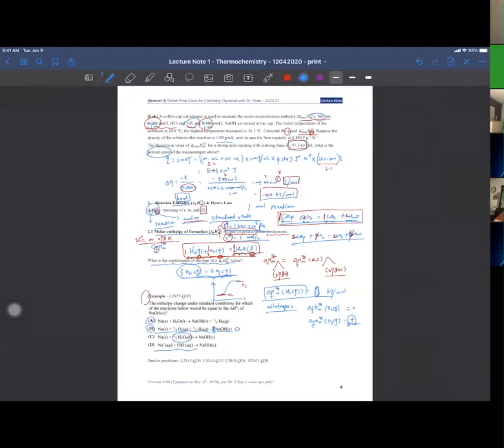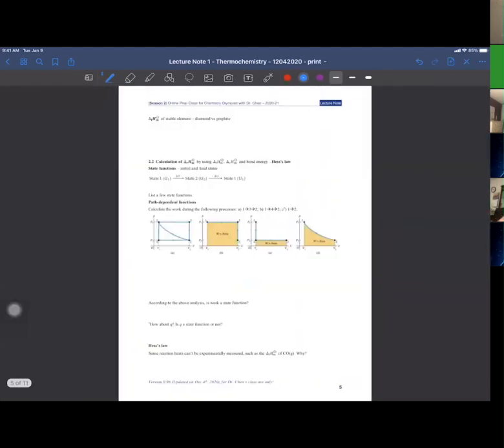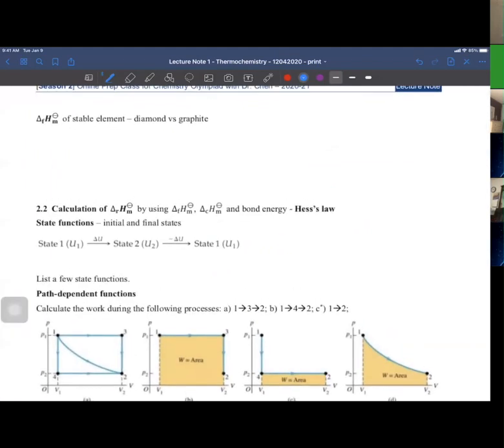Good. I will stop sharing. Okay, we have one more question. For carbon, we have two common allotropes. The first one is diamond. The second one is graphite. If you check the data, can someone quickly check the data for me?